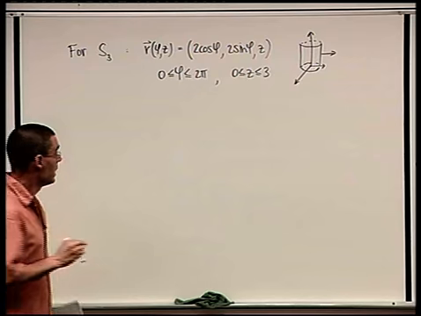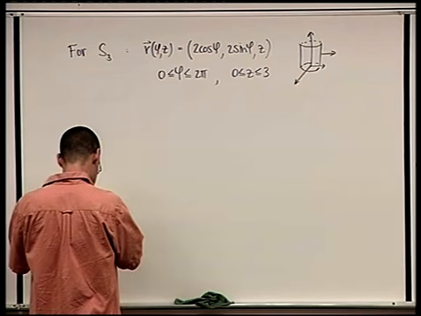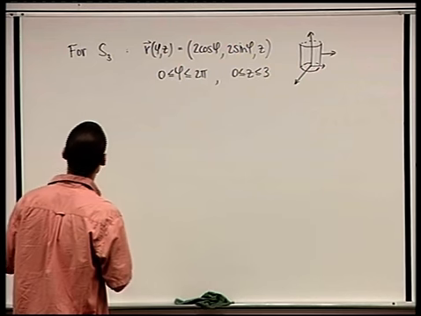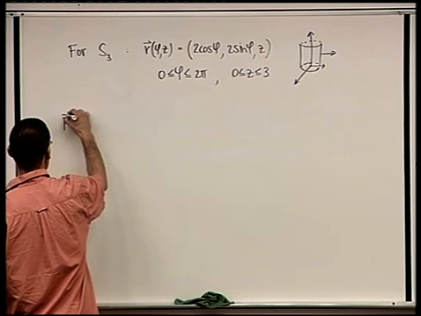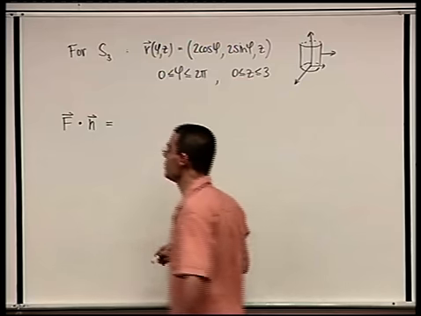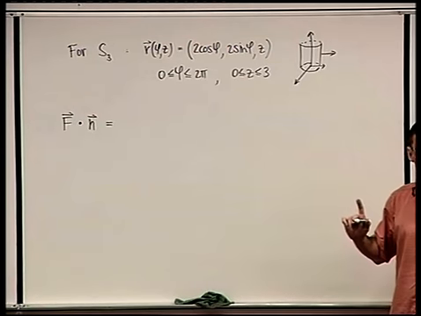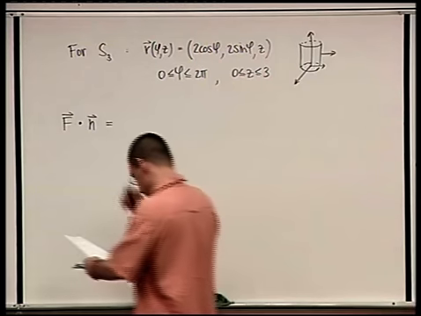Okay, so let's see what we get. Remember what we need to calculate. We need to calculate f dot n and then plug that into the double integral over this domain. So what is f dot n?